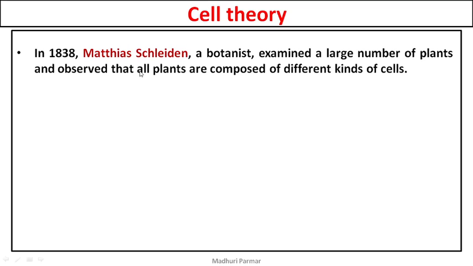He observed that all plants are composed of different kinds of cells. All plant tissues are made up of different cells. Today you already know what kinds of cells they could be, when you study plants.